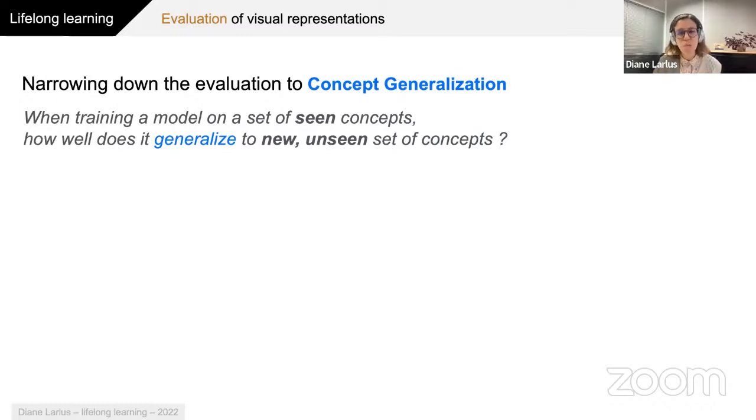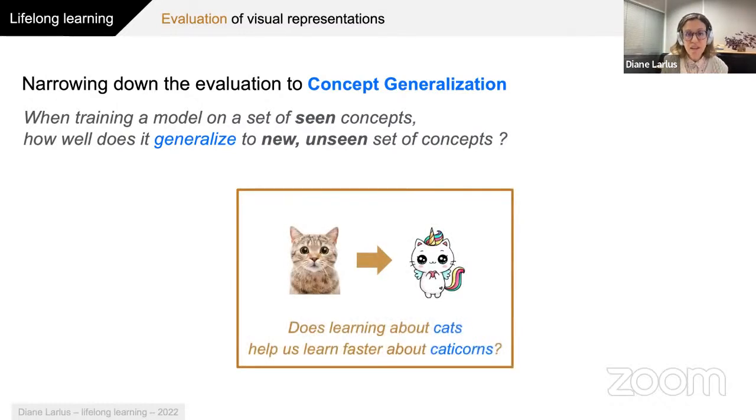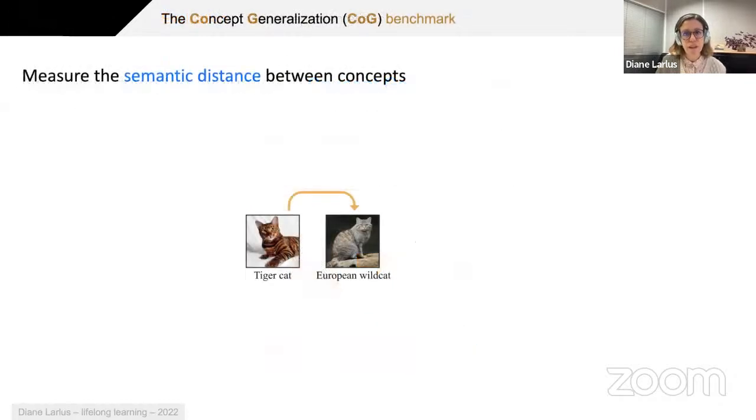So taking an example that is a bit more extreme, does learning about cats help us learn faster about caticorns, a category for which we have very few training images and rarely photographs, I would argue. So we would like to evaluate this generalization capability from a known class to an unseen class with a dedicated benchmark. So the benchmark I'm going to present is really dedicated to this evaluation of concept generalization.